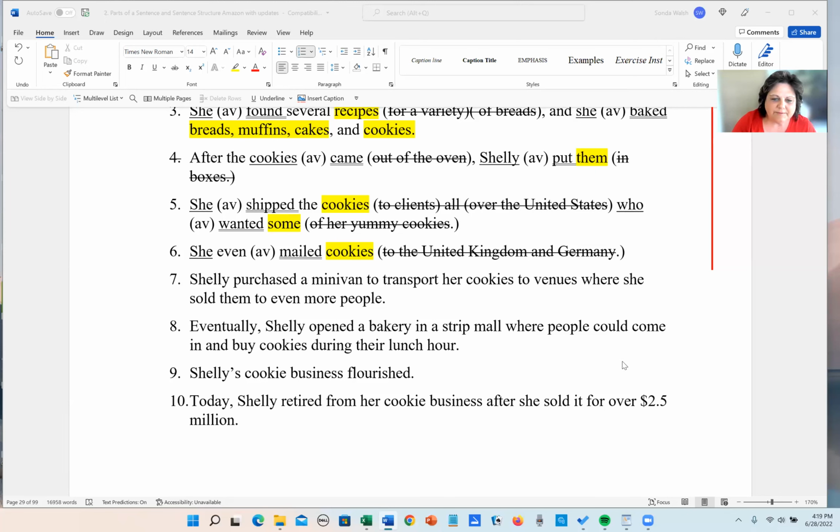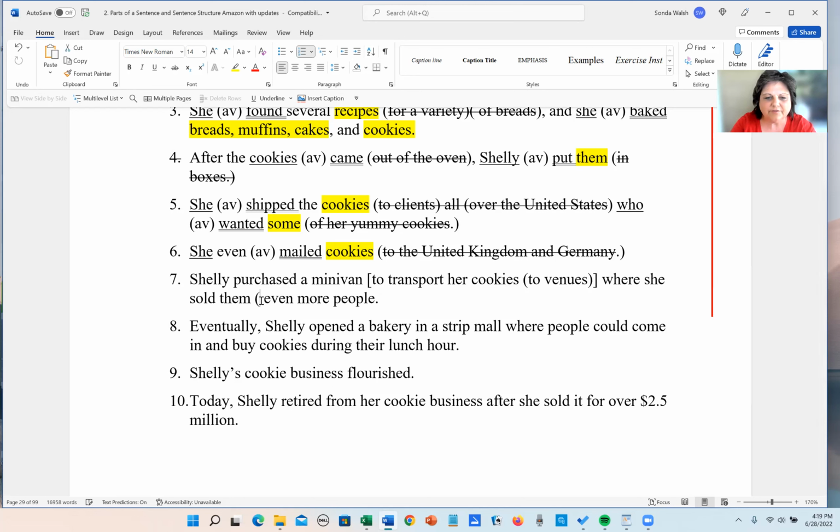Okay, let's start the next one. To transport is an infinitive phrase. I guess to venues belongs inside of that. To even more people is a prepositional phrase.